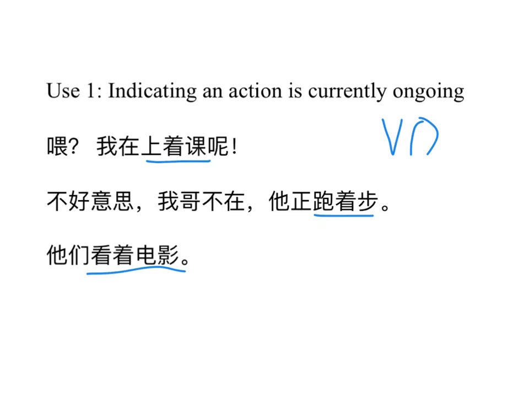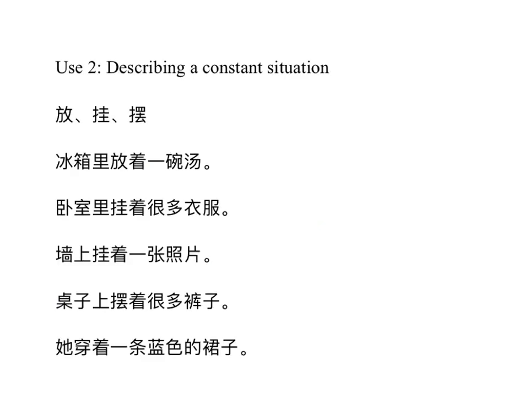Alright? 看着电影, you wouldn't say 看电影着. Alright, so the 这 has to come directly after a verb, including if it's a VO. So, this is our first use of 这, indicating that an action is happening right now. Oftentimes, it's optional.